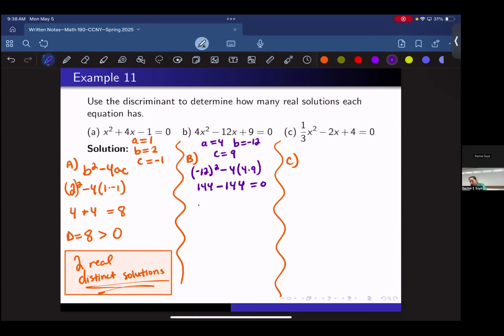That gives us 0. So our discriminant is 0. Means it's equal to 0. So we have 1 real solution. And I like to add in with the multiplicity of 2 because that solution is just being repeated. 1 real solution.